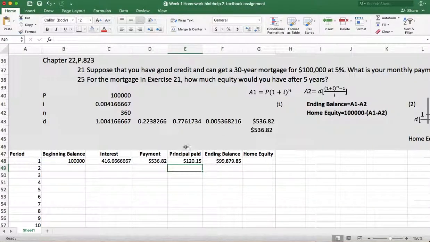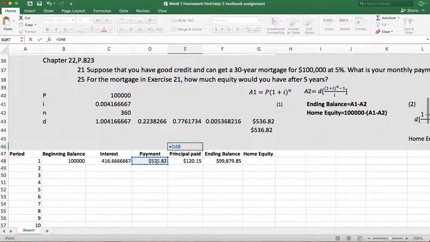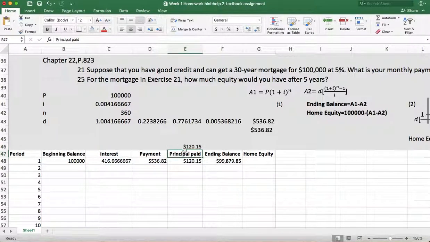Or you can use the principal paid also equals your monthly payment minus interest, pay for interest, the same.